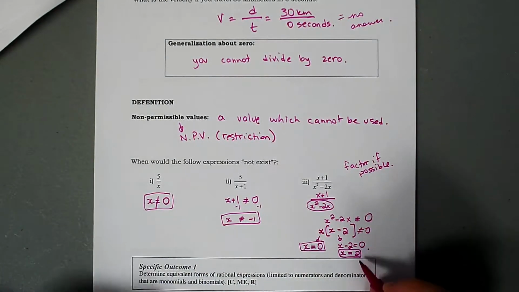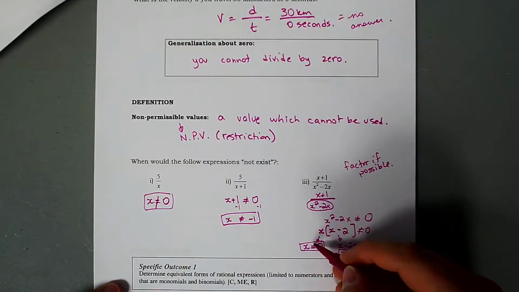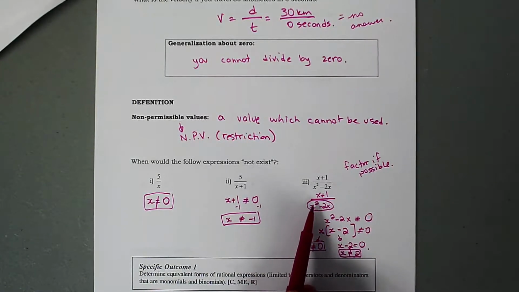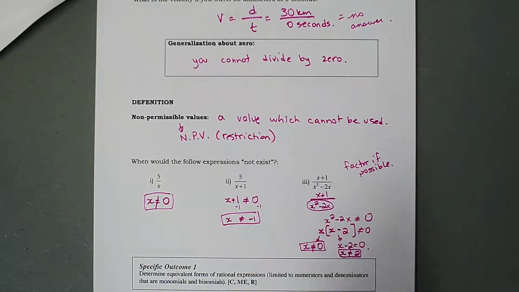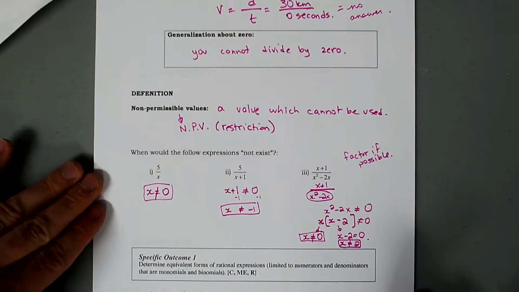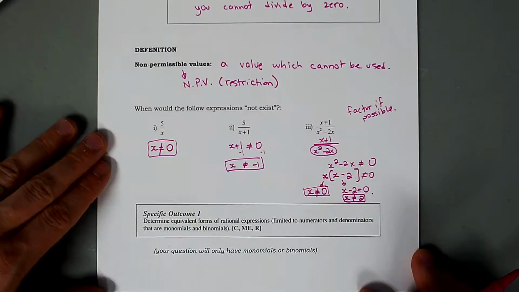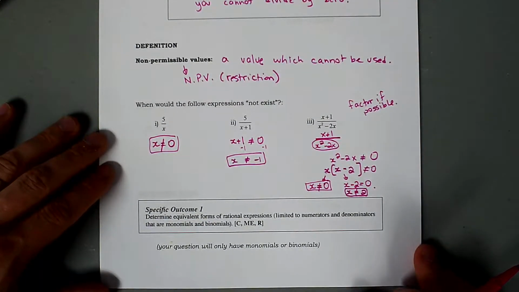That makes this a 0 on the bottom. So both of these, 0 squared minus 2 times 0, would be a 0, and both of these would be non-permissible values or restrictions. So part of this unit is a little bit about being cautious and being careful about what values we're saying are okay.